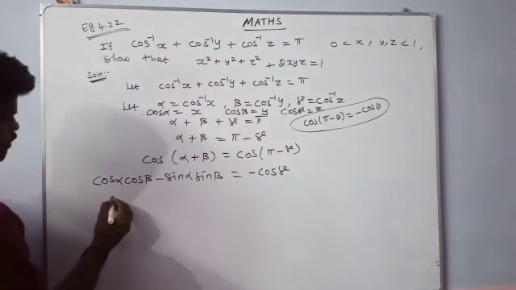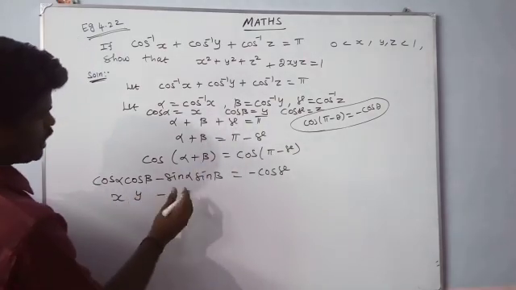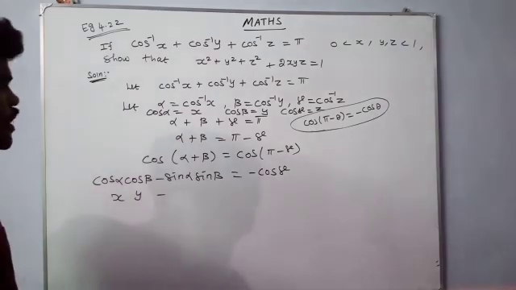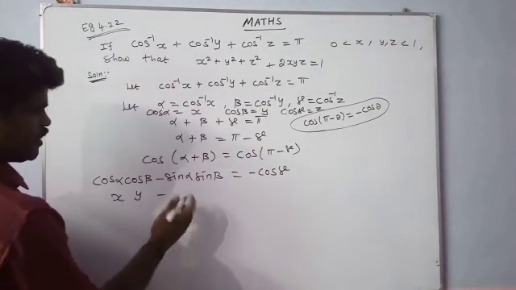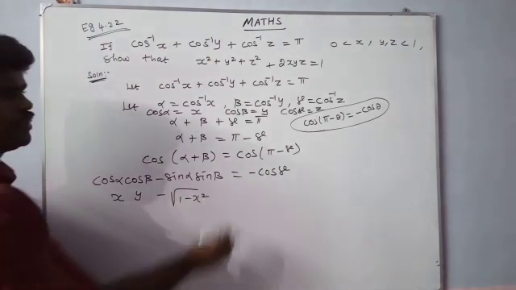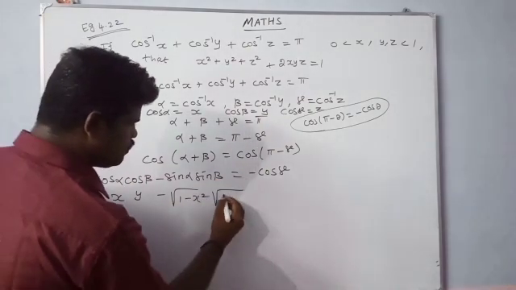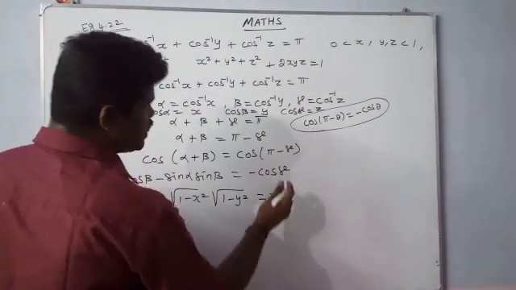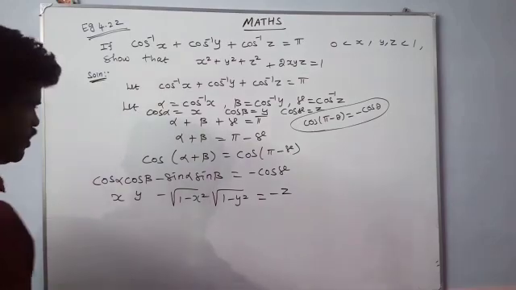Cos alpha is x, cos beta is y. Sin alpha we get from cos alpha being x, so sin alpha is root of 1 minus x square. Cos beta is y and sin beta is root of 1 minus y square, which is equal to minus cos gamma, that is minus z.